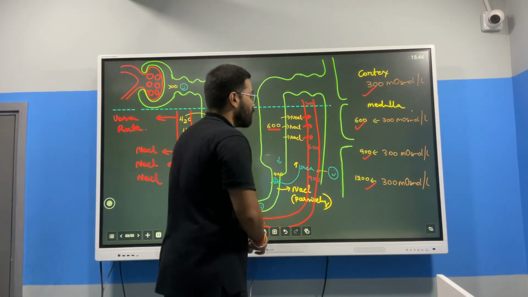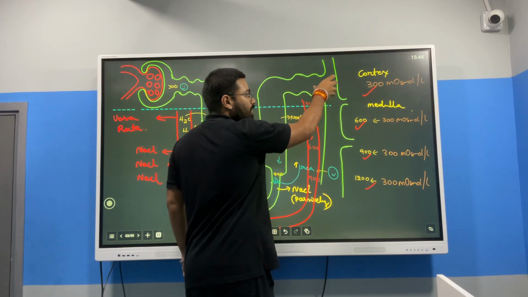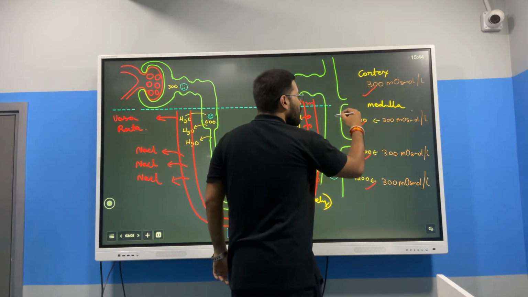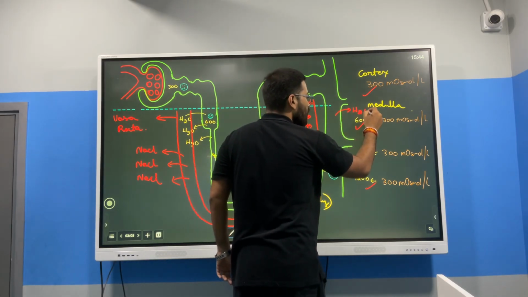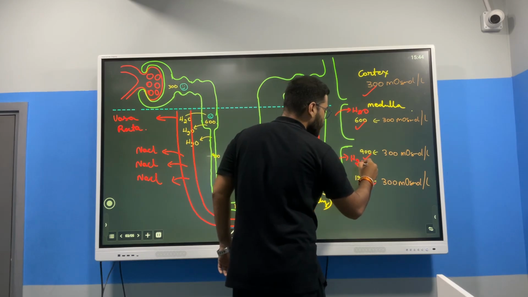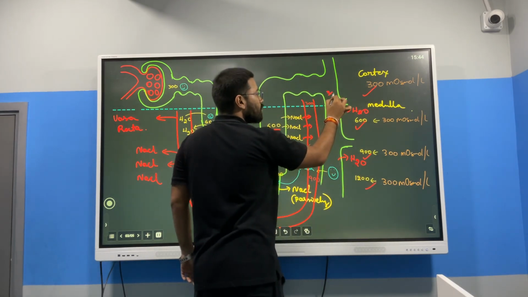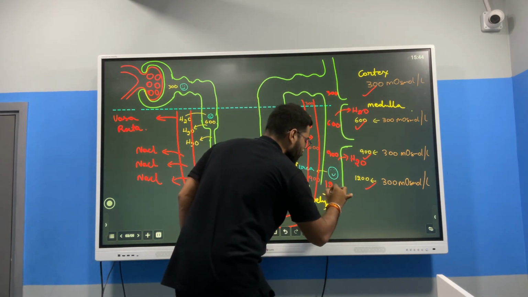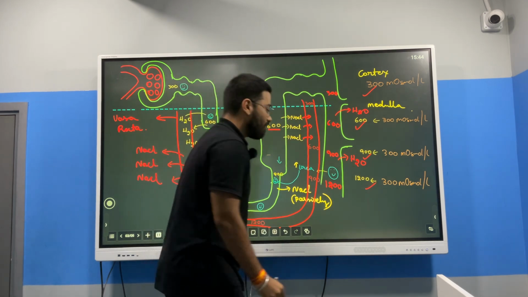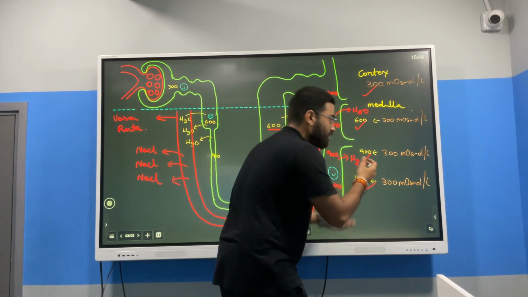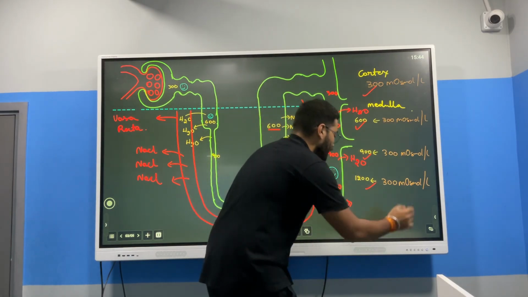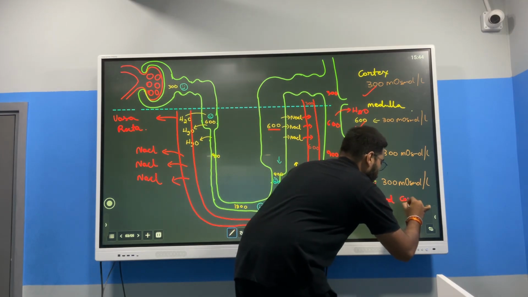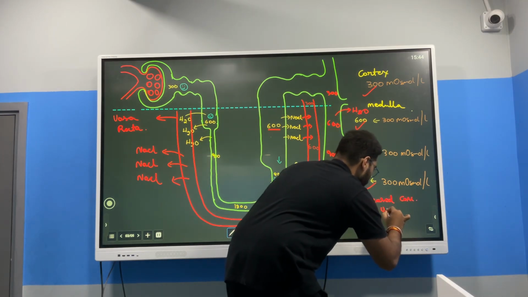Now try to understand, when the filtrate came here, the osmolarity is increasing. That means water will come out, and the filtrate which was 300, 600, 900, is now 1200. So after release of water to the interstitium, there will be increased concentration of urine.